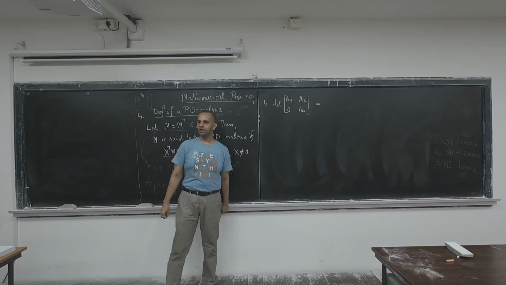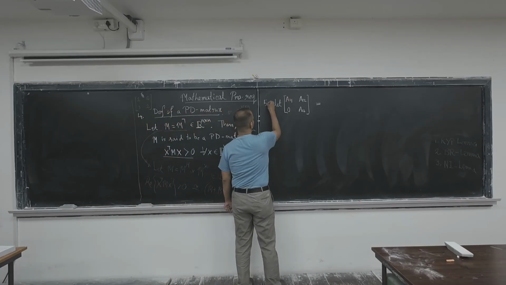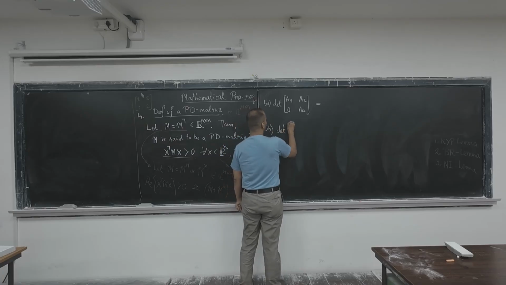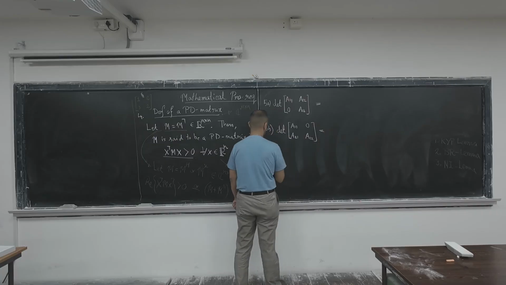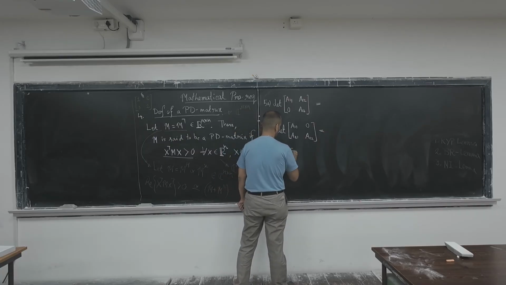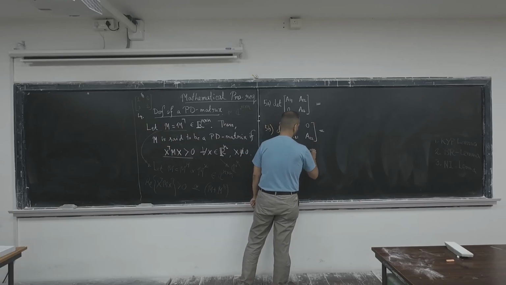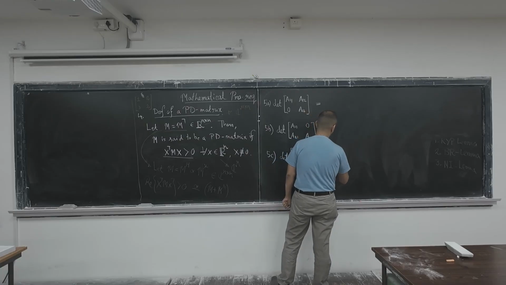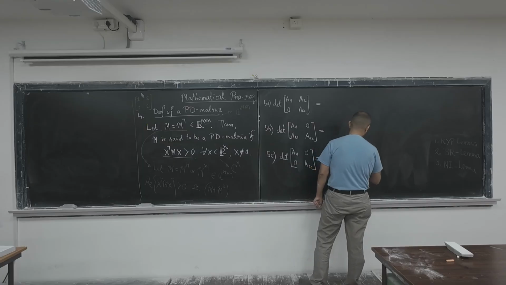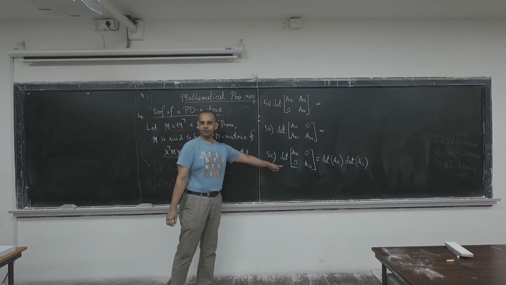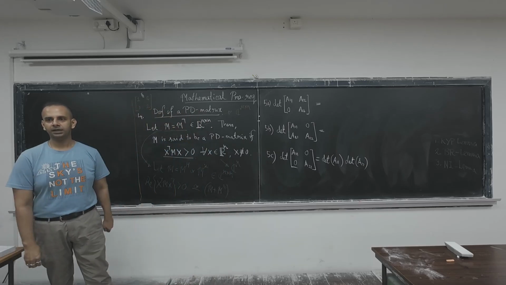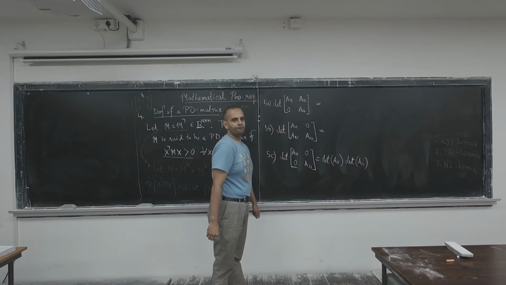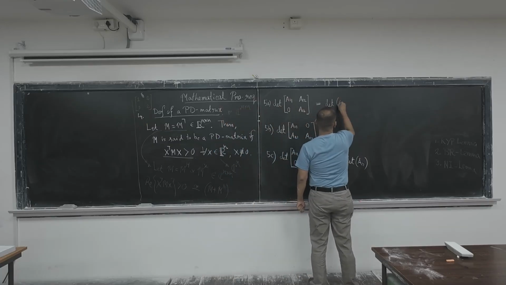Can anybody tell me what will be the determinant in this case? With the help of this, with the help of 5C, and also by using the Schur complement lemma, can you tell me what will be the determinant of 5A and B?